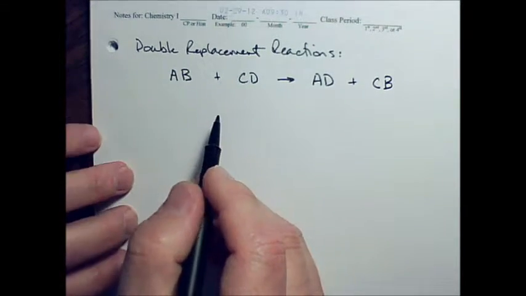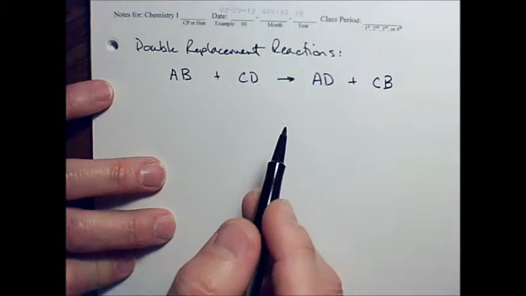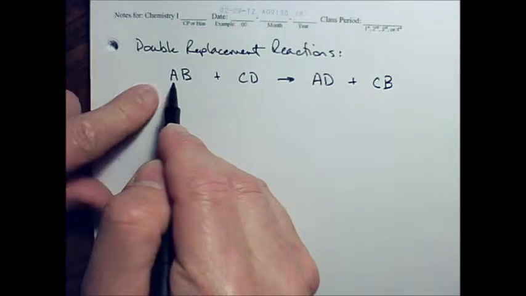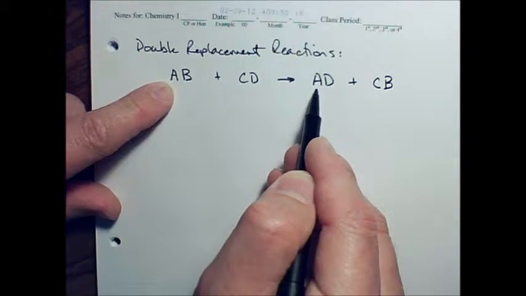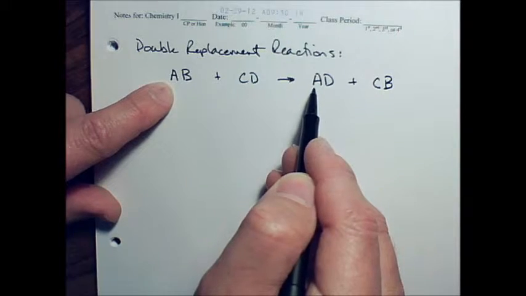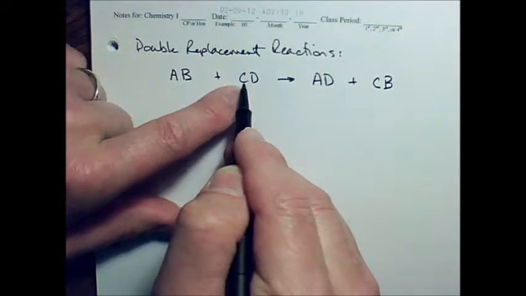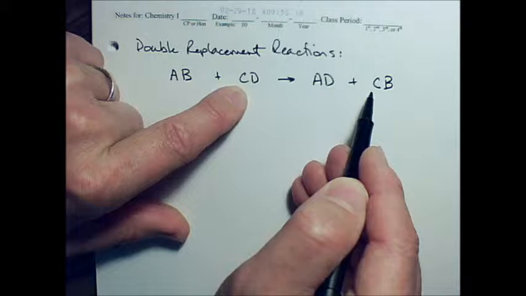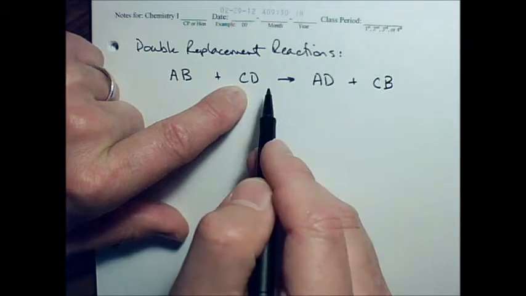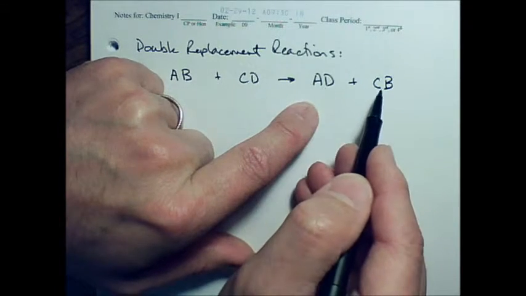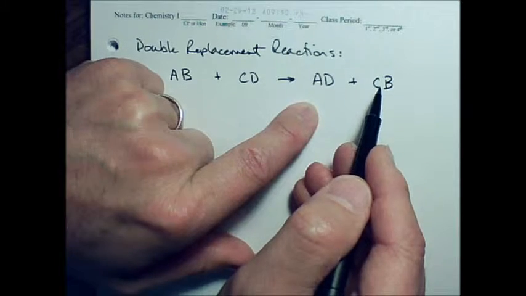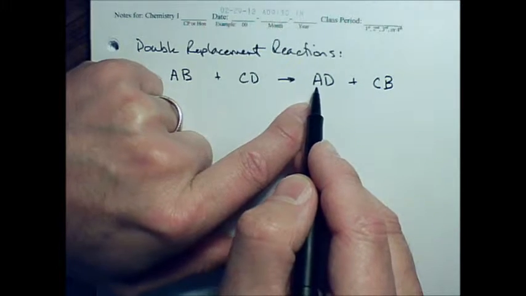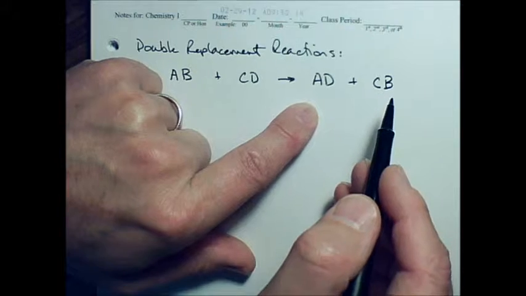Notice, this is really important. The front part always remains a front part. A is always on the front, C is always on the front. Does that make sense? So whenever you're doing your predictions about the products later, you know that the front parts always remain front parts.